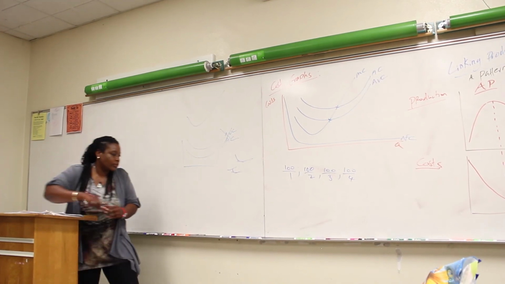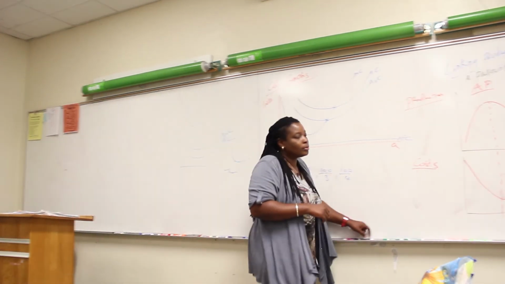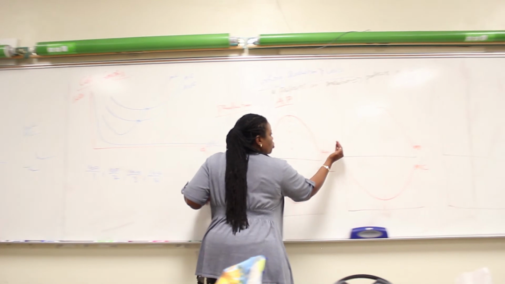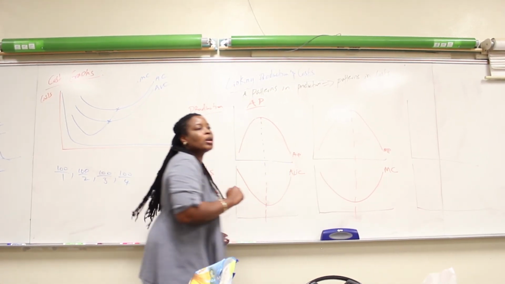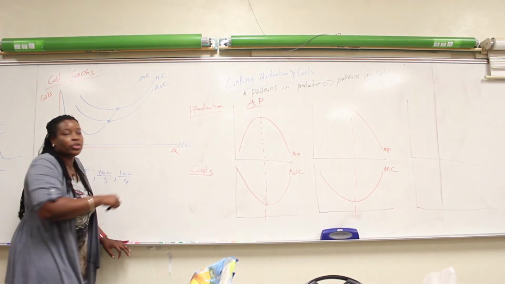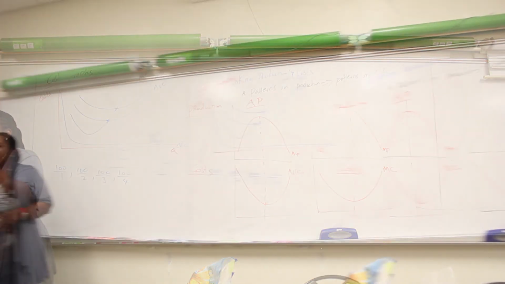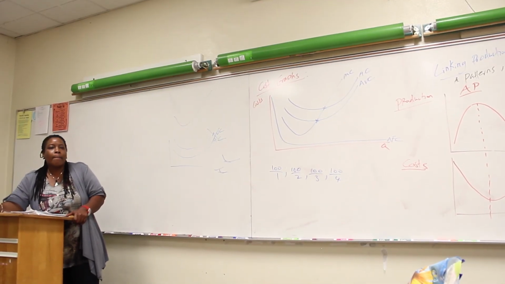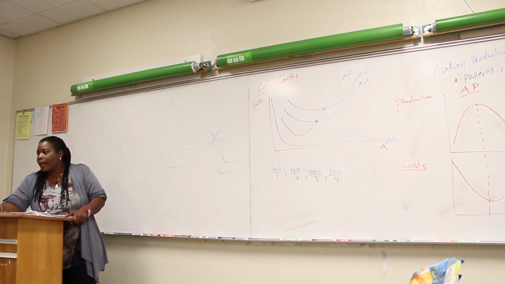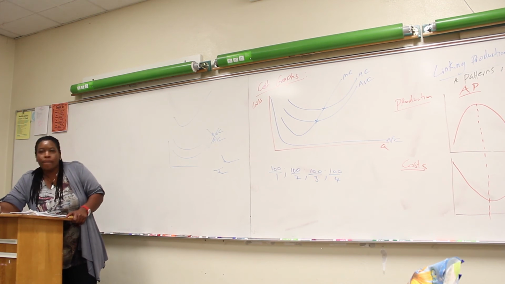Let me see if you're thinking a little bit. If I was to take these two and put them on one graph, the production, if I put AP and MP, is there a relationship with each other? Do they interact in a certain way? Yeah? How?